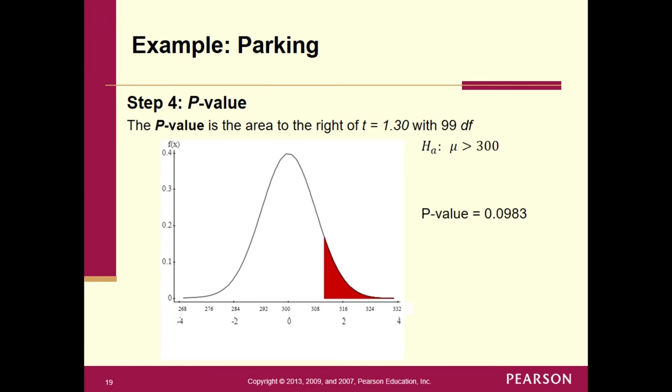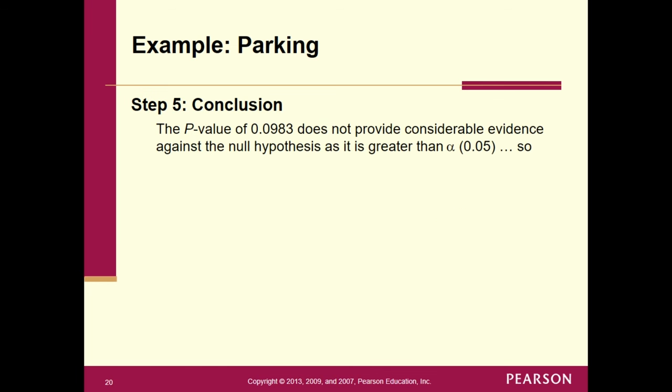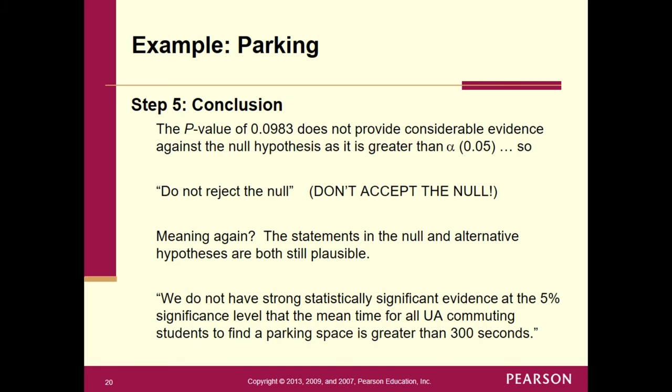All right, let's see here. So, remember the do nots go together: since we said do not reject the null, we do not have strong statistically significant evidence at the 5% significance level that the mean time for all UA commuting students to find a parking space is greater than 300.